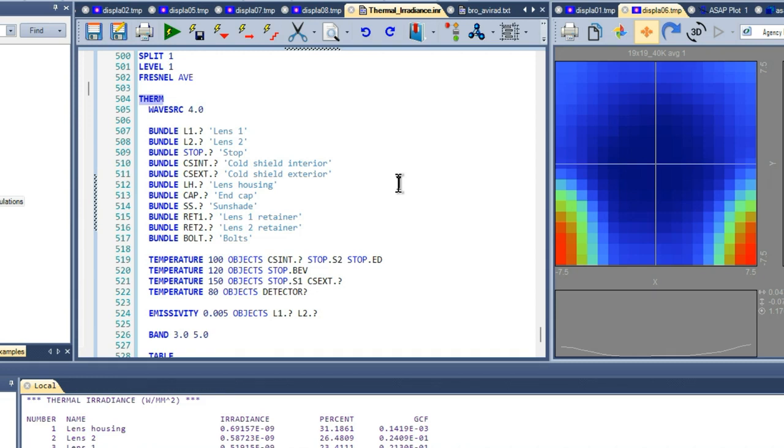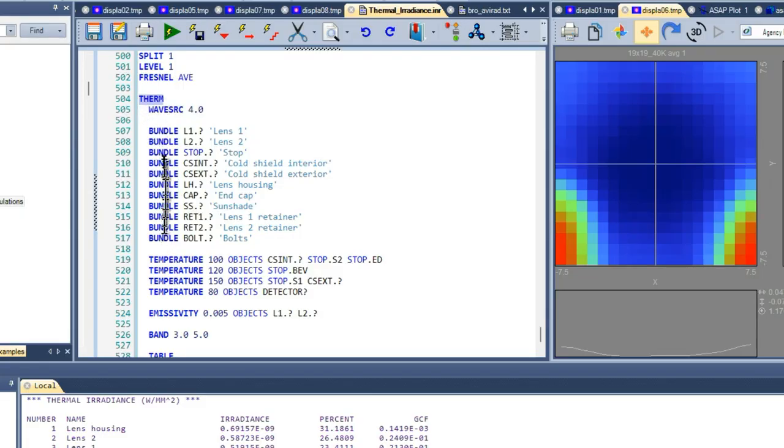Much like there are unique commands in the display command context, therm is another mode where we get a different set of commands. And the commands we have here are wave source, which is for setting up the wavelength of the reverse trace source that is used to determine the thermal irradiance.